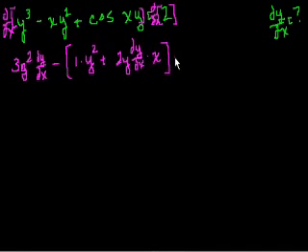Plus, now this is interesting. We have to take the derivative of cosine of xy. Well, once again, we just do the chain rule. And maybe I'll break it out into a couple of steps here so that you don't get completely confused. So what does the chain rule say? If we have f of g of x, we essentially have to take the derivative of the inside function and multiply.